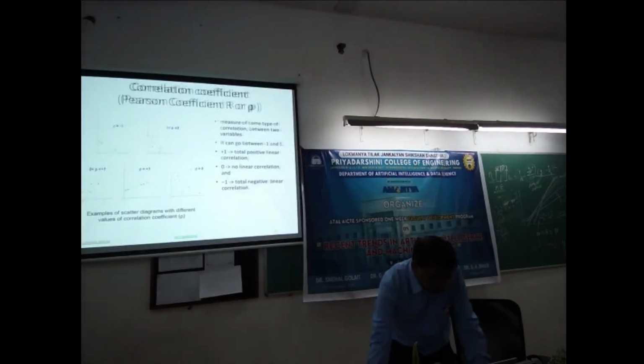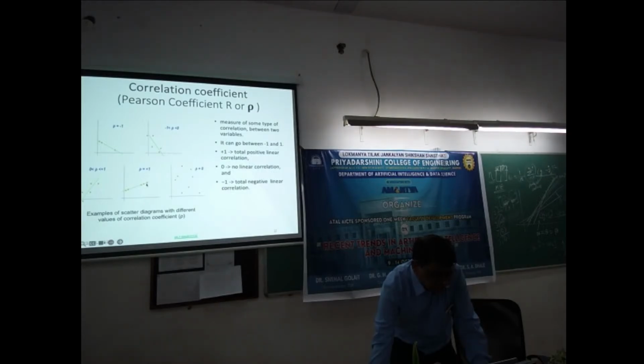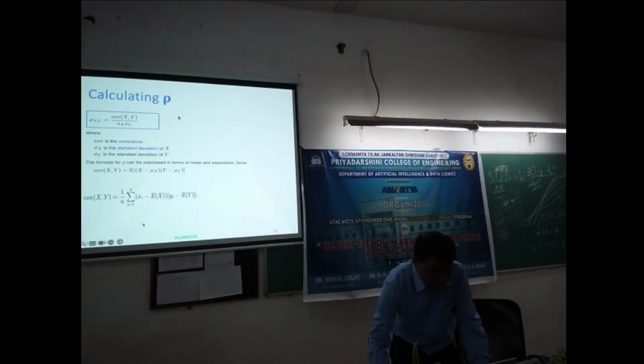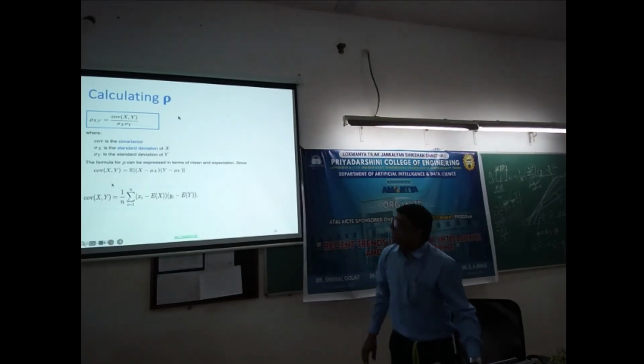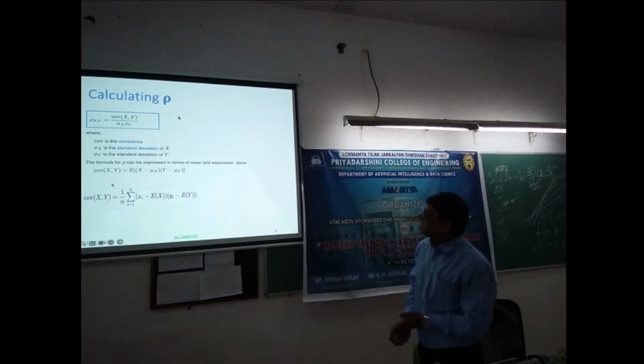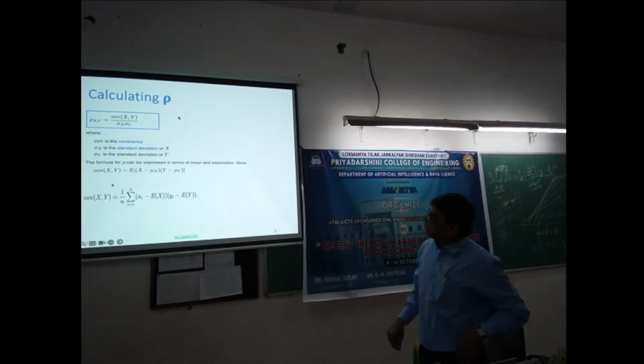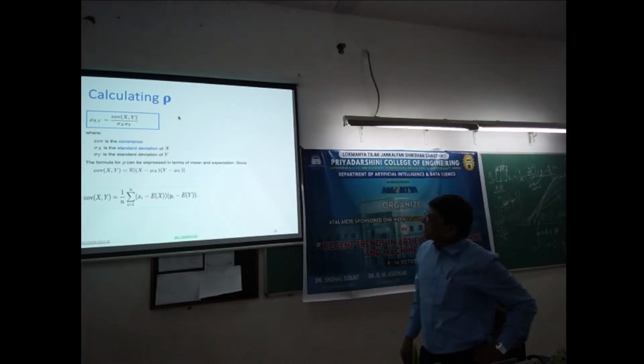Now, to simplify it, because many times we are not interested in the negative or positive, but just how good the fit is. This is the formula for calculating the Pearson coefficient: P_xy is equal to covariance of x and y upon sigma x sigma y. Sigma x is the standard deviation of x, and sigma y is the standard deviation of y.